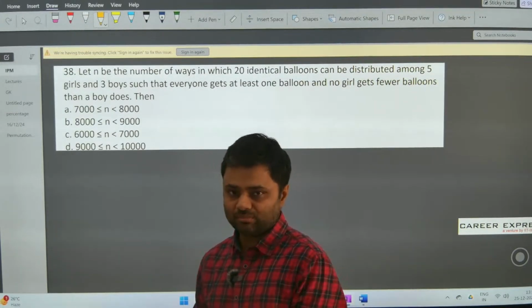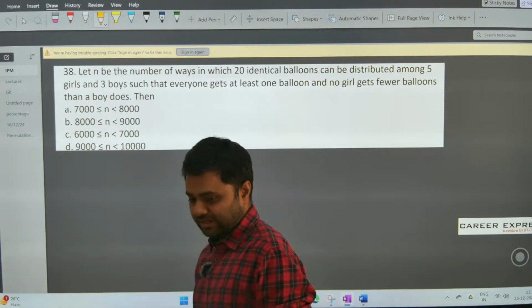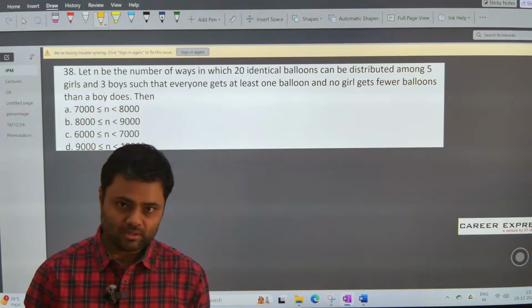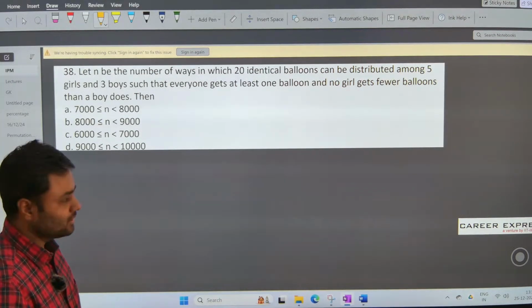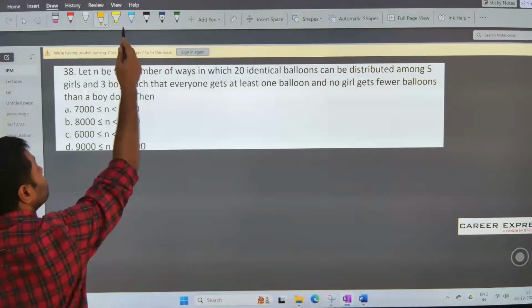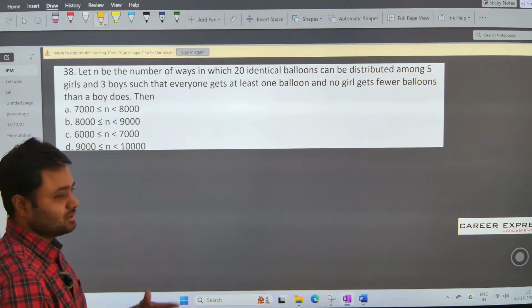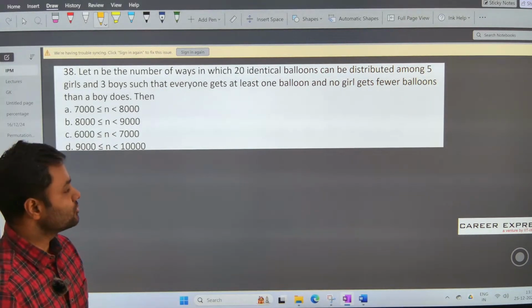I checked this question many times, I solved many times, but it doesn't match. So I had to assume that the question is wrong, and that's how we will go about it. So the question is right, but I think the options are wrong. So I will put my solution in, and if any of you has a better explanation on that, I will be ready to change my solution.